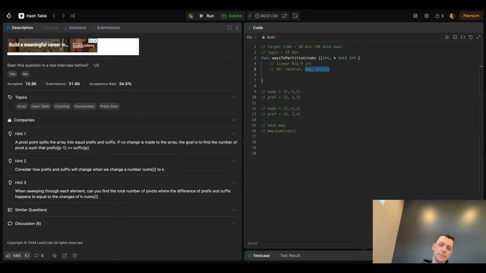And also how it affects the full prefix sum. We're comparing prefix and suffix.